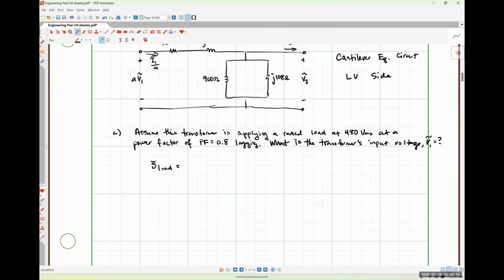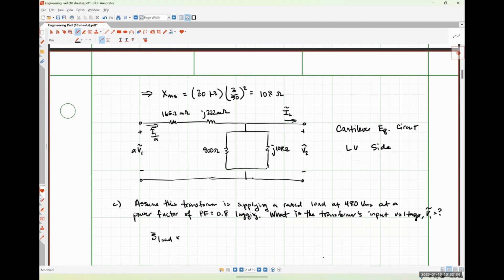We have two options: we could do it in rectangular form, where we have average power plus j reactive power, or in polar form, where we have apparent power at the power factor angle. Let's deal with polar form here because we already have a lot of that information.